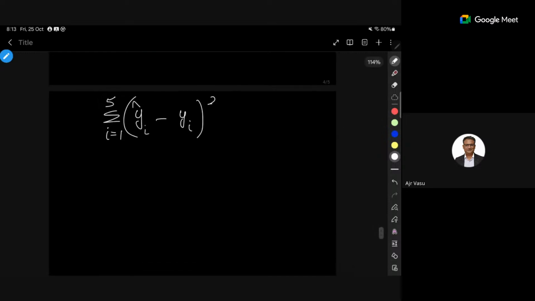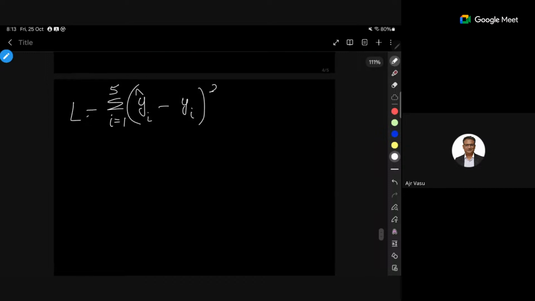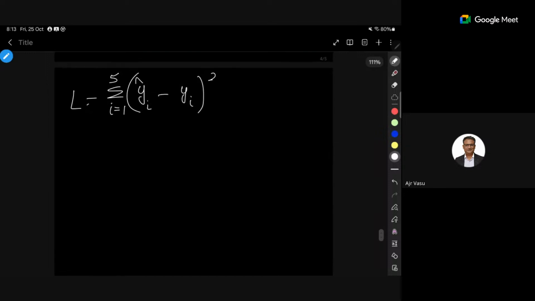No, it's not like that. Let's say we have 5 points, from i equal to 1 to 5, of yi hat, the prediction, minus yi, squared. This is my loss function. Is it okay? Now for the first point, take the derivative. What will you get? 2 times y1 hat minus y1. This is for the first point.